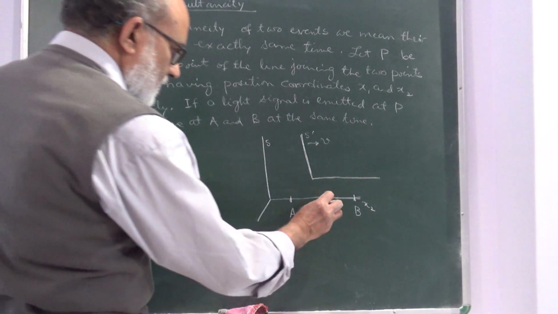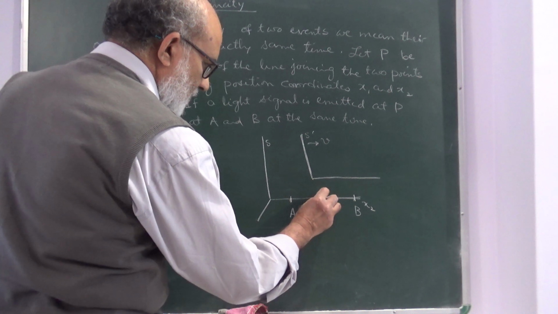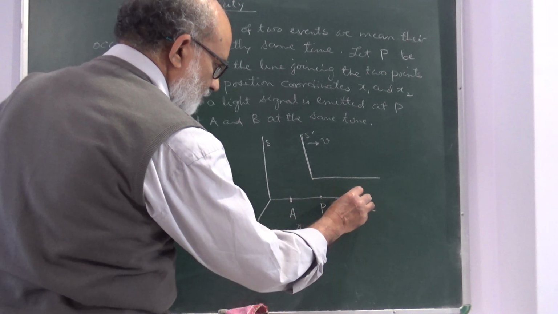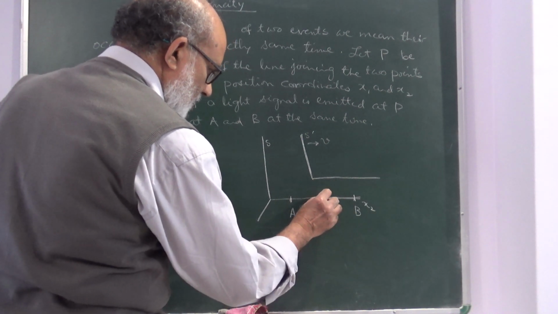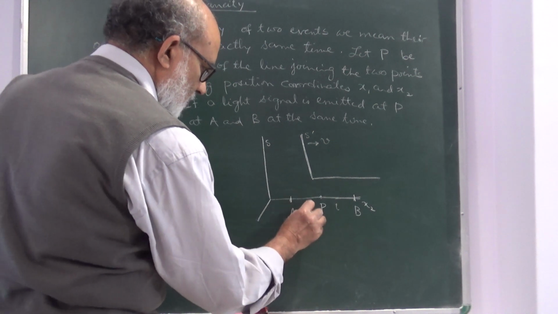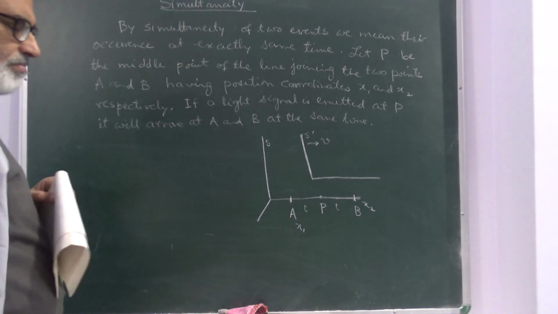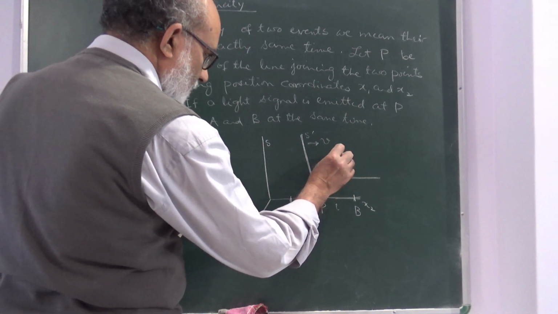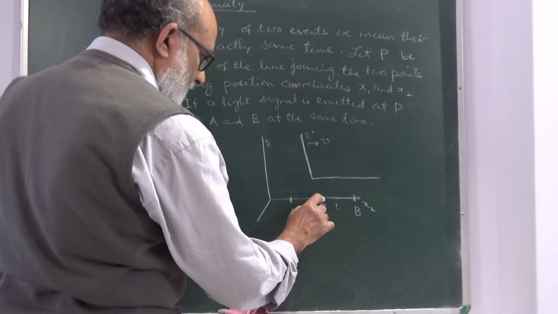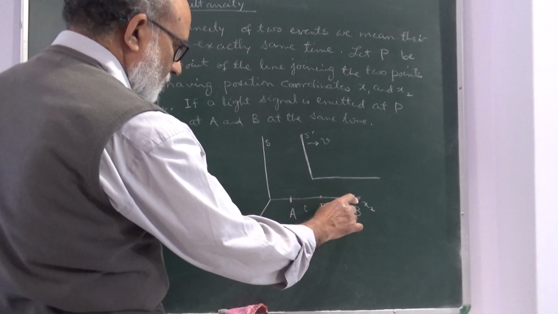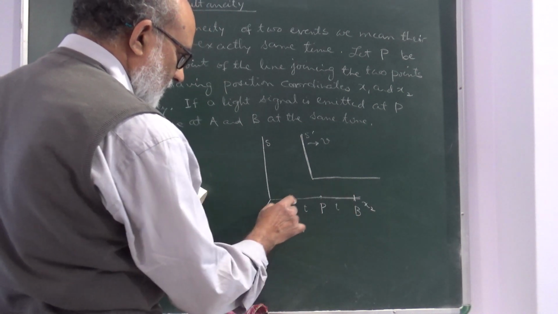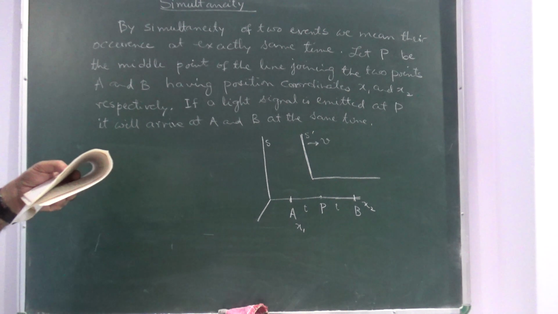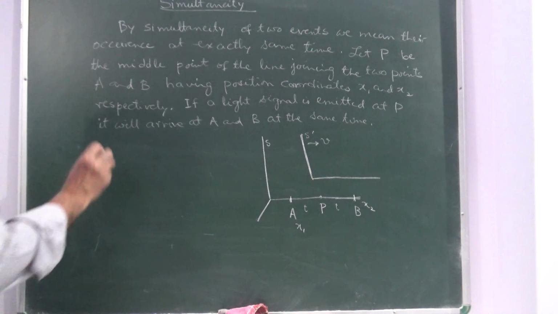Suppose the time taken for the light to reach B is t, and that to reach from P to A is also t, the same time. But now the times observed from here, we say are t2 dash and t1 dash.